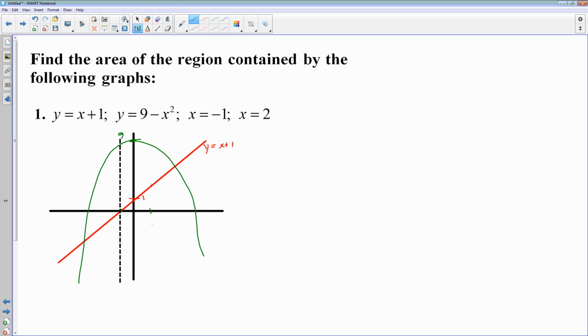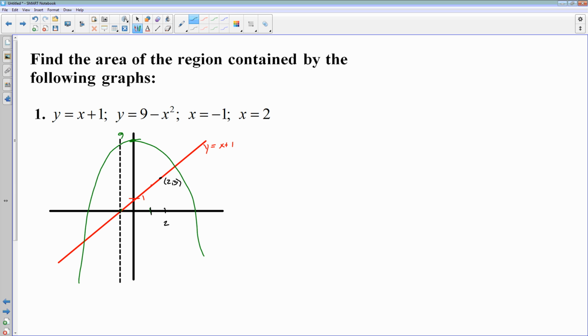I'm going to do a little bit of work here. I'm going to plug in 2 to both my functions because I need to know if x equals 2, is it before this intersection or is it after this intersection? And that's important to know. There's a couple of ways we could find that, but what I'm going to do is simply plug in 2 to my functions. So if I plug in 2 here, 2 plus 1 is 3. So that's going to be the ordered pair 2, 3.